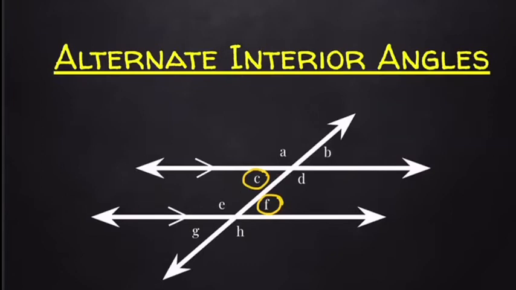Alternate interior angles 係對等嘅。咁首先分開嚟解釋，alternate 係喺 transversal line 嘅相對兩側，一個喺左邊，另外一個喺右邊。And interior means 喺 parallel lines 嘅中間，所以 C 同埋 F 係對等嘅。Are there any other interior angles here?